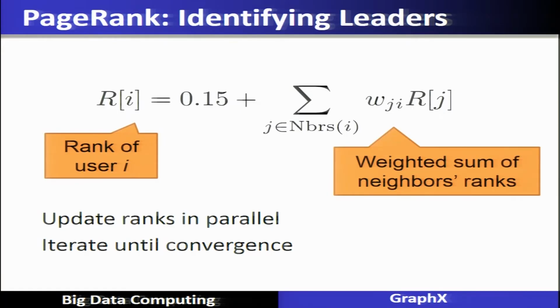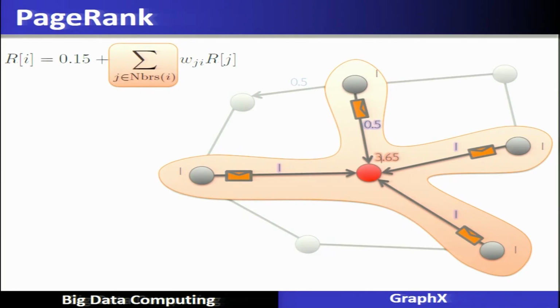Every iteration has to calculate the weighted sum of the neighbors' ranks, do the summation and find a new page rank, and the page ranks are updated. This update continues over several iterations till it converges, and only then will the PageRank algorithm finish its operations.